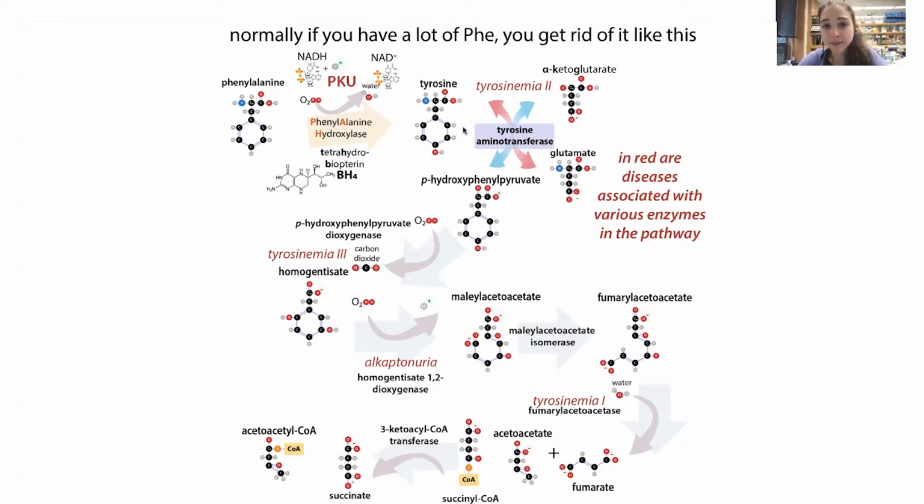But tyrosine, you don't want it to build up, because you need it to make all that other stuff. And if it builds up, it can form these weird side products. So there are different diseases associated with various steps in this pathway.